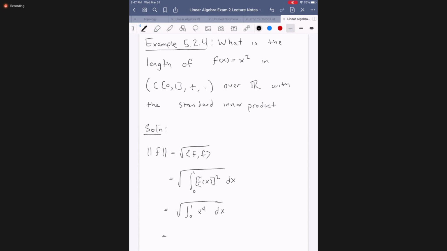So just do the integral: it's the square root of x to the 5 over 5 from 0 to 1, which is 1/5. So it's the square root of 1/5, or 1 over the square root of 5. So that's the length of x squared in this vector space with this inner product.